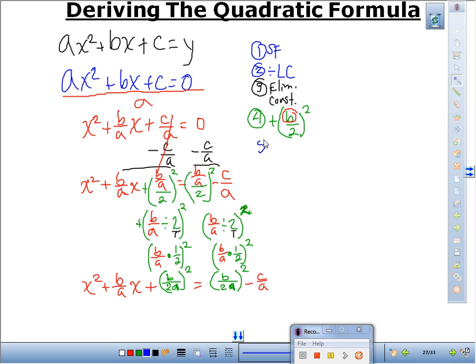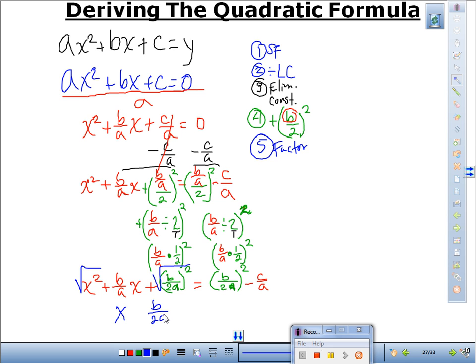Step 5. For step 5, I need to factor. So check this out. This is a perfect square. Why? Because I just completed the square by adding b/2 squared. Who remembers this from Saturday? Those of us that did the review. Square root of this, x, square root of this, b/2a.